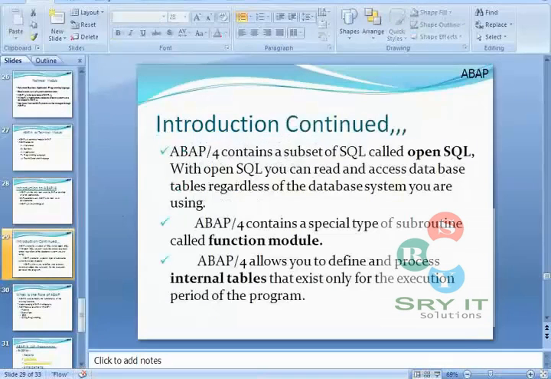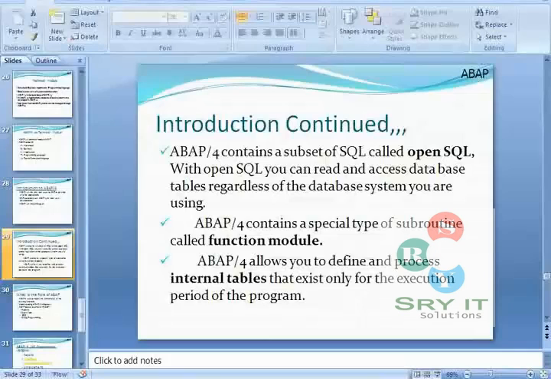Okay. Now we are moving into the technical understanding clearly. ABAP contains a subset of SQL called OpenSQL. OpenSQL plays one of the very important key roles in SAP, basically ABAP, because of its 3-tier architecture.